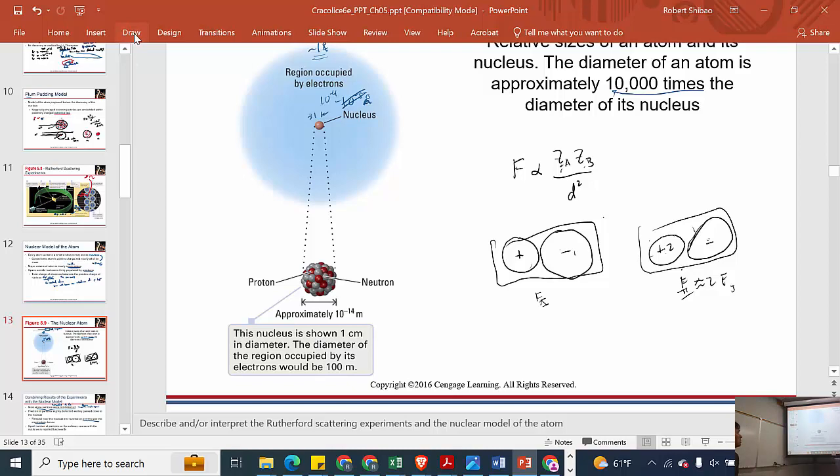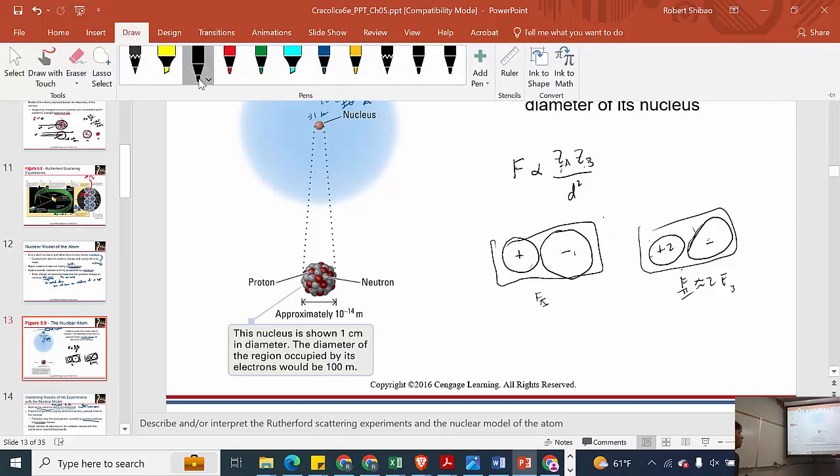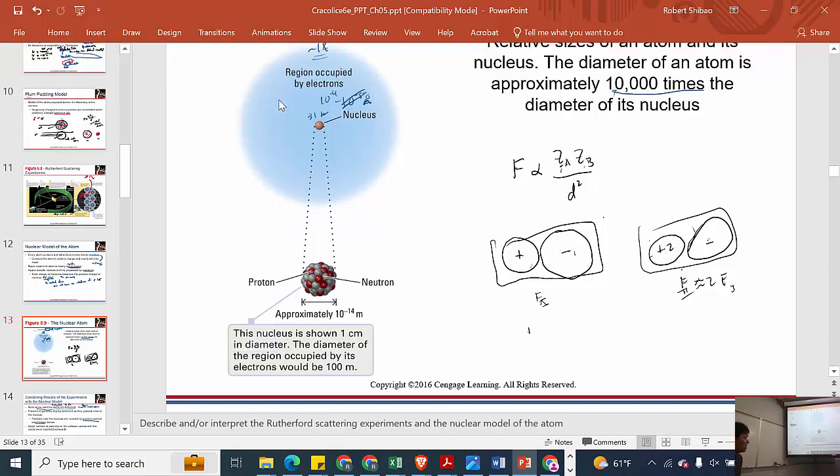Now, the distance is also going to play a role. So let's keep the charge at +1. Which is going to be stronger? This is scenario 3. Force 1 or force 3?